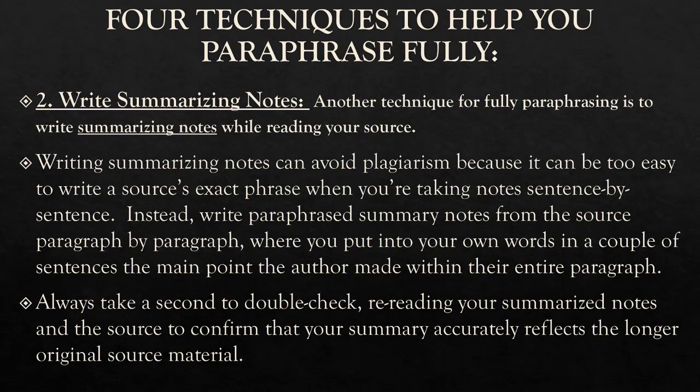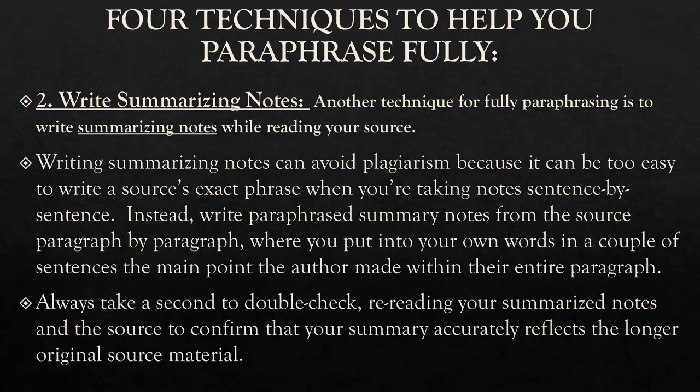Instead, you should write paraphrase summary notes from the source, paragraph by paragraph, where you put into your own words in a couple, maybe 3 sentences, the main point or points that the author made in an entire paragraph. You're boiling it down and putting it into your own words, and that's so much easier when you're summarizing it and getting to the real meat of it.